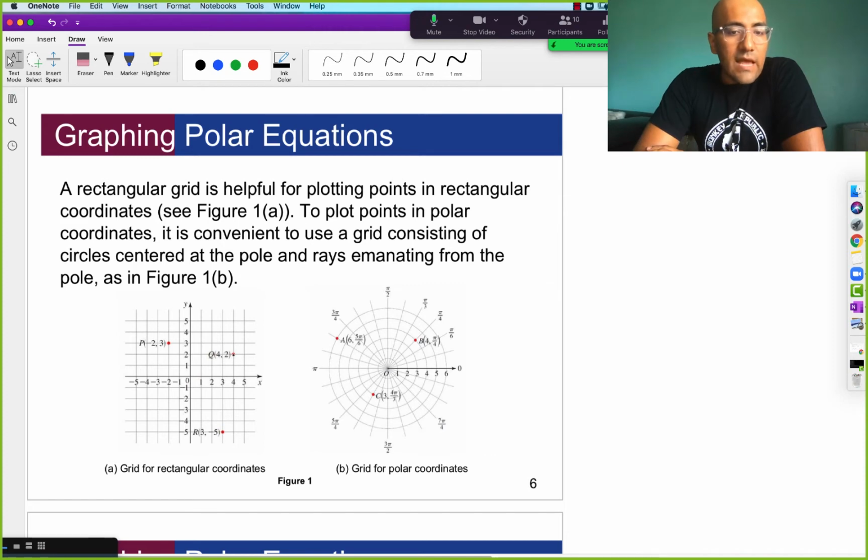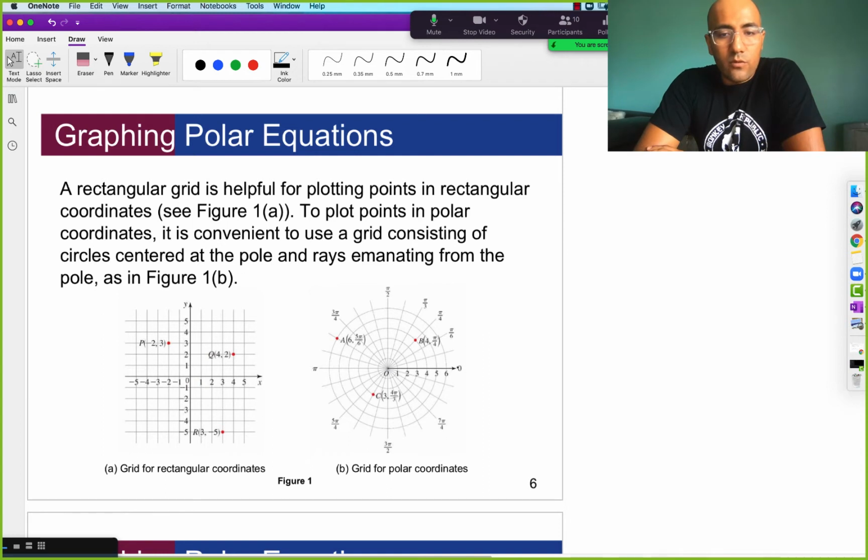The exact same point on a polar system would be this point here, identified by this ordered pair in polar coordinates. Remember, we read these in reverse. We start off with pi over 4. So pi over 4 indicates that we create an angle from our polar axis, the positive x-axis direction.